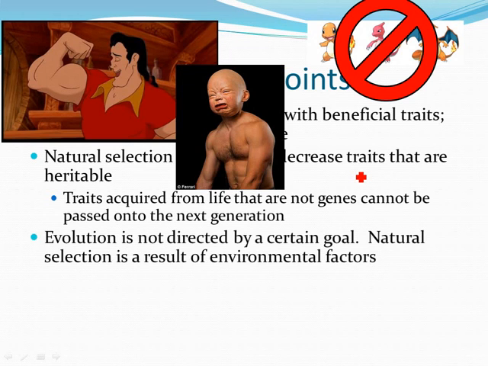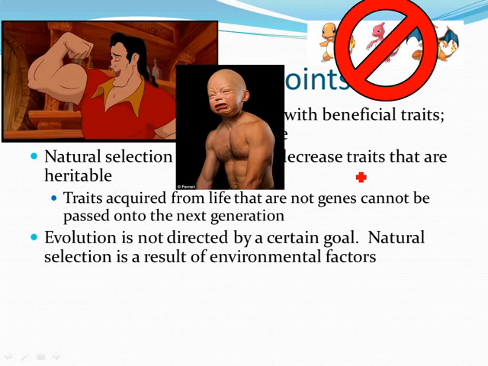The other thing is that evolution is not directed to a certain goal. It's not trying to make a perfect organism, or a perfect population to be more exact, but rather it's using natural selection to see which one is more beneficial for that particular environment.